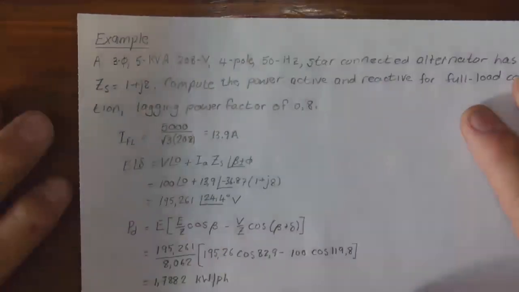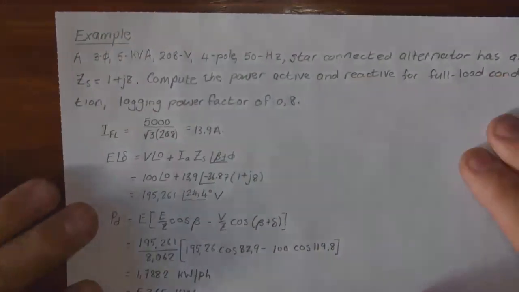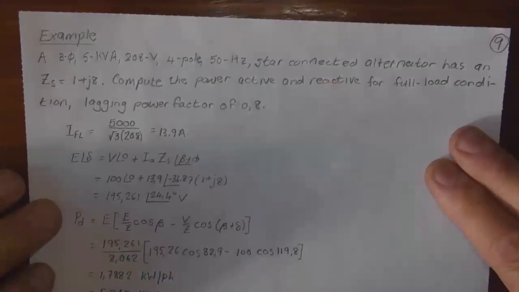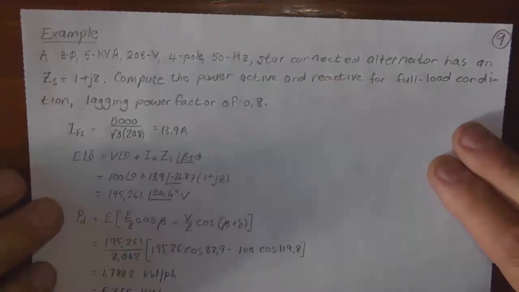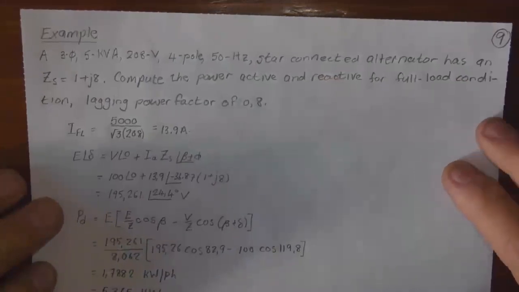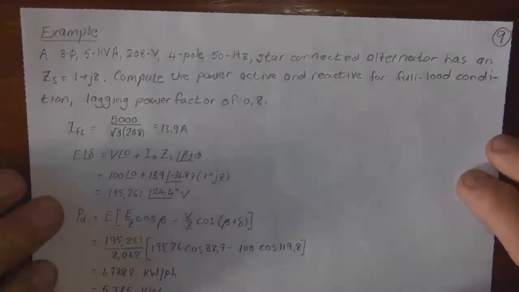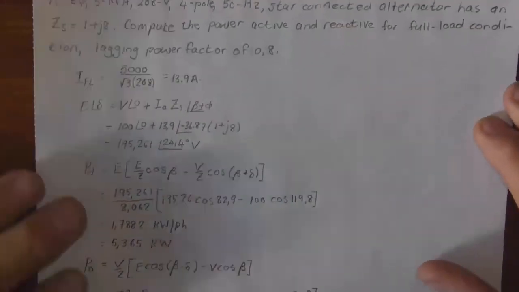Let's look at an example. A three-phase 5 kVA 208 volts 4-pole 50 Hz star-connected alternator has an impedance of 1 plus j8. Compute the active power and the reactive power for full load conditions for a lagging power factor of 0.8.